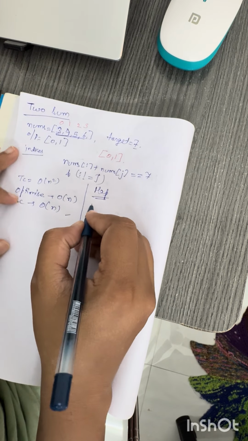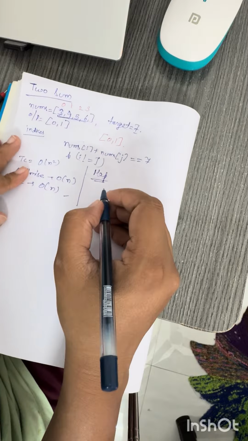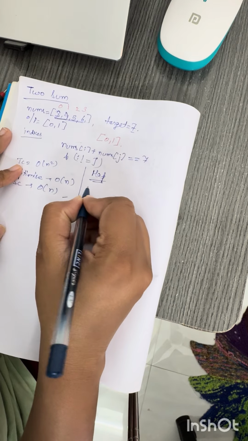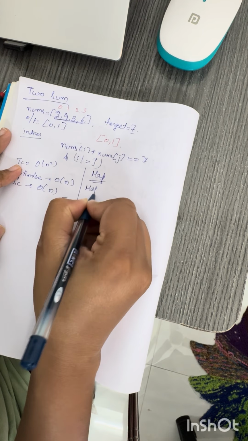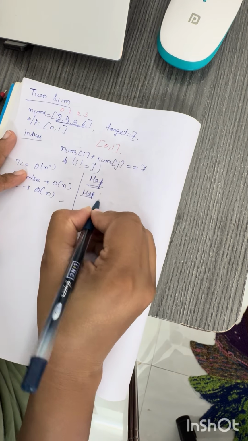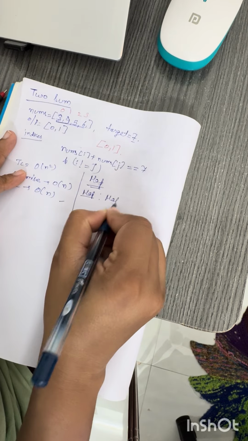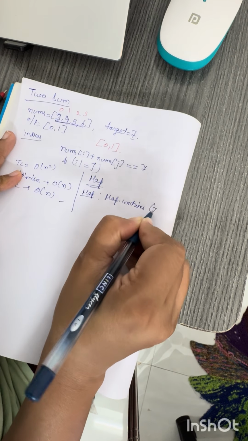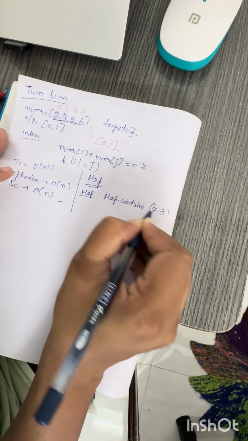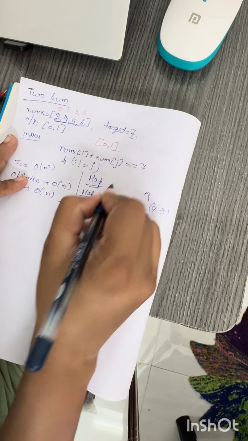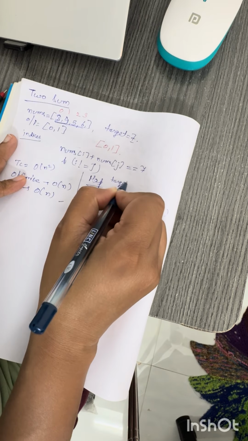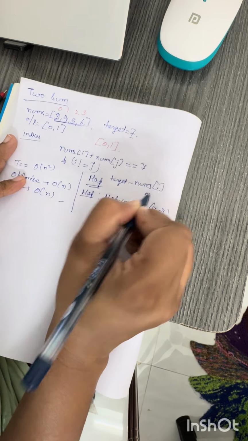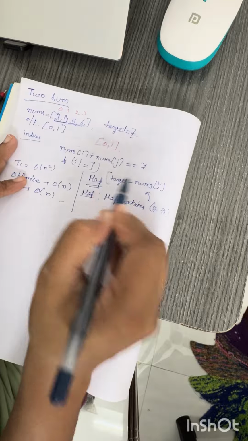If we look at our dry run, we will take a map and check if map contains 7 minus 3, that is target minus nums of i. We are going to check this for all the cases.